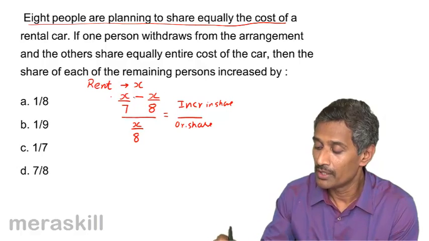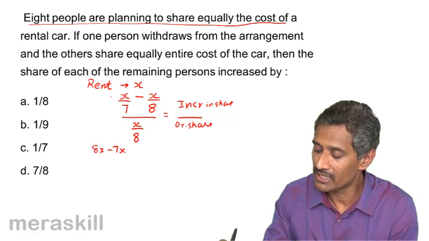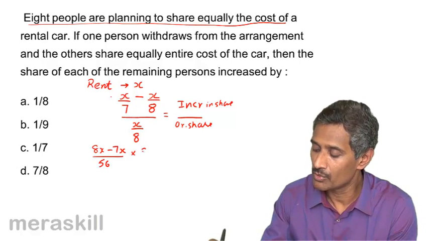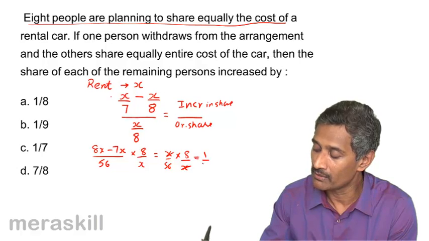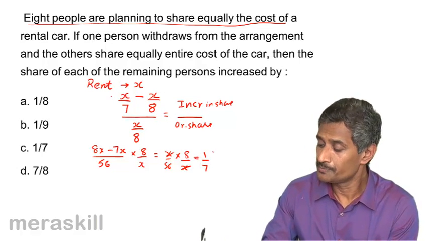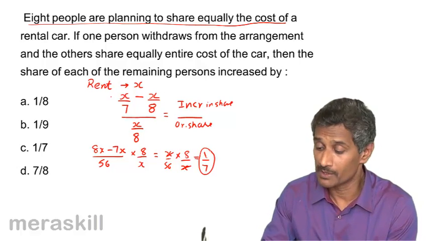If you simplify, it turns out to be 8x minus 7x upon 56, if you take the LCM, into 8 by x, which turns out to be x upon 56 into 8 by x, and it turns out to be 1 by 7.